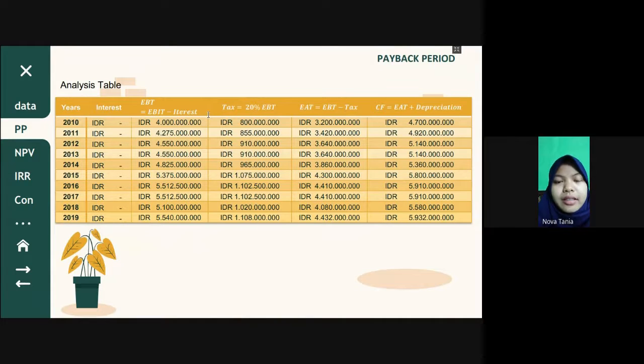And then the tax is equal to 20% times the EBT. And then the next column, EAT, which means the earning after tax, is equal to EBT minus the tax. And then the last column is the cash flow. Cash flow is equal to EAT plus depreciation. We can see the depreciation from the previous slide.